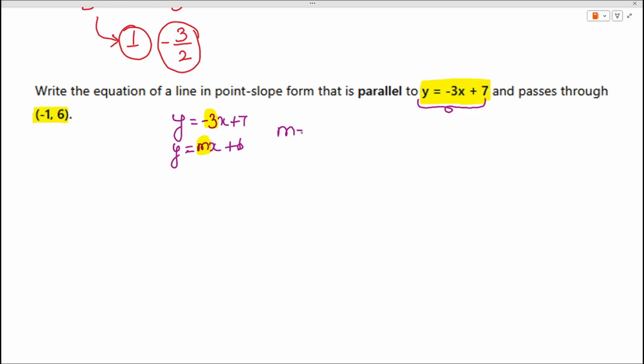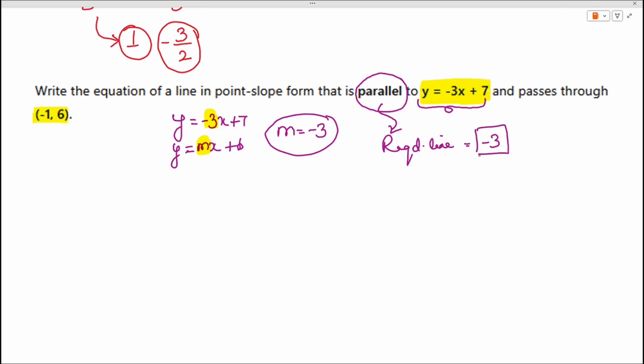So the slope is negative 3, and because we are trying to figure out the equation of a line which is parallel, and we know that parallel lines have the same slope, the slope of the required line is also negative 3.